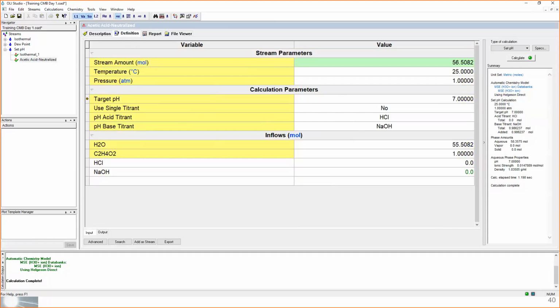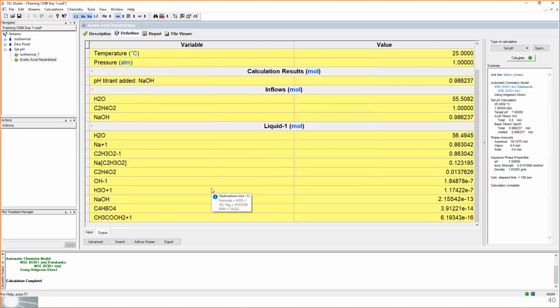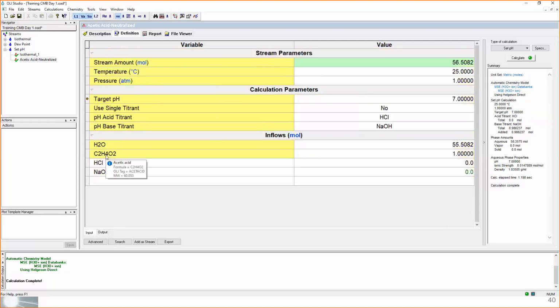Okay, I have a question from an attendee here. It says, on my liquid 1, all numbers are 0. You mean in your output tab, this liquid 1 mole? I wonder why. Okay, maybe let's check that your acetic acid here, that you are defining 1 mole, and that you are also defining the amount of water, 1 kilogram of water for this stream.